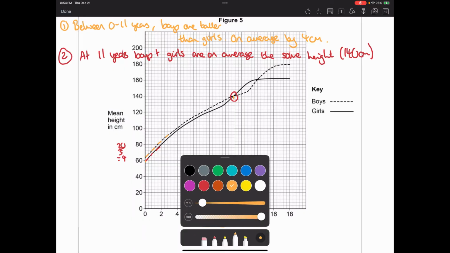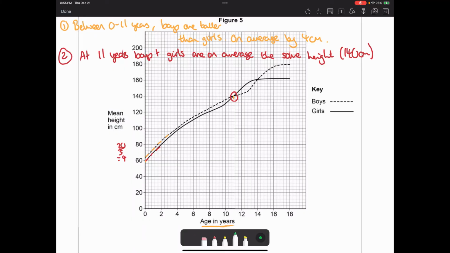What I could then say is exploring the next part of the graph, and I can see now the girls' line is going up faster than the boys' line. So between 11 and 14 years, the girls grow at a faster rate than boys.